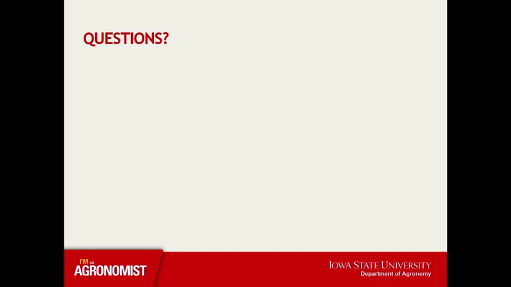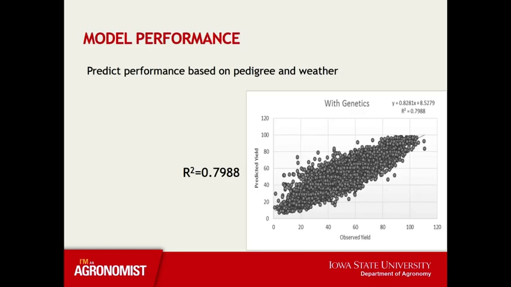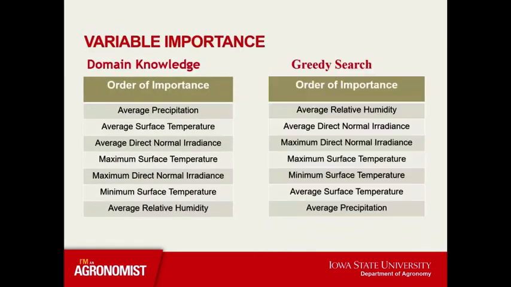Did you try taking out a weather layer at a time, taking out, say, rainfall, taking out solar radiation? So on the greedy search, it's just the opposite of that. It's adding in one at a time.